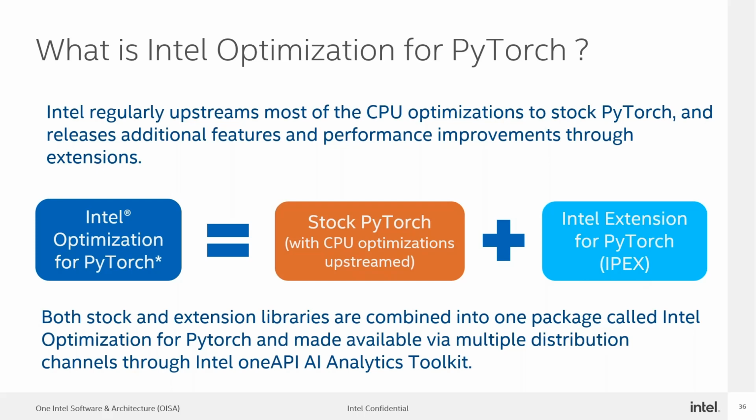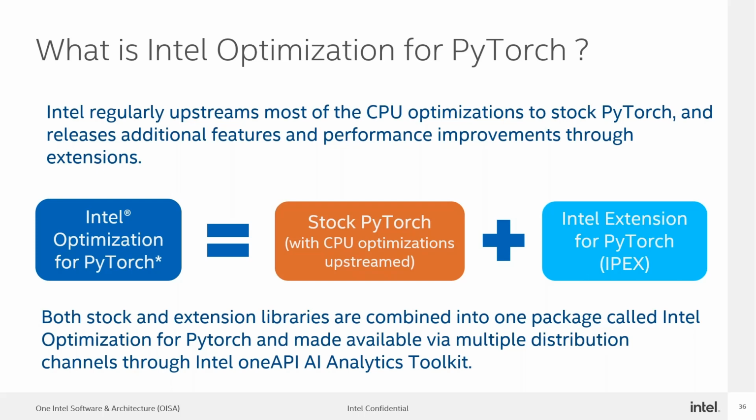For the optimization for PyTorch, Intel regularly upstreams most of the CPU optimizations to stock PyTorch, so that users can directly have the best performance with the PyTorch that you installed in your normal way, like via conda or pip.